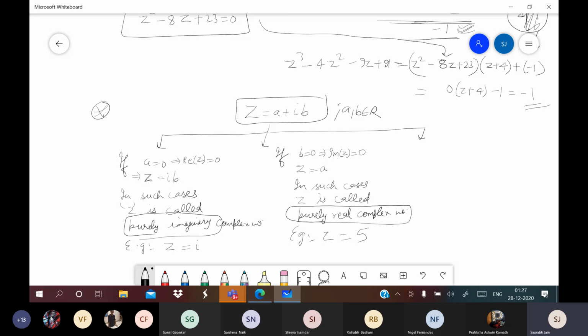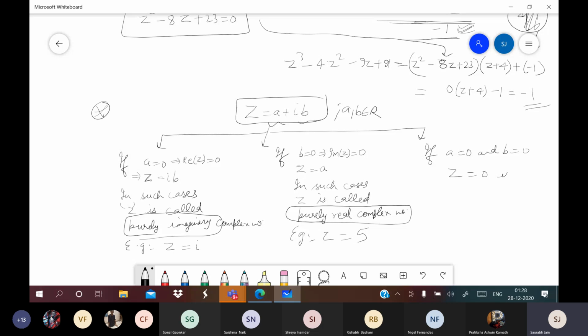Now who can tell me what is the only complex number which is purely real and purely imaginary? 0. Very good. That is 0. So if a is 0 and b is 0, you get ultimately 0.